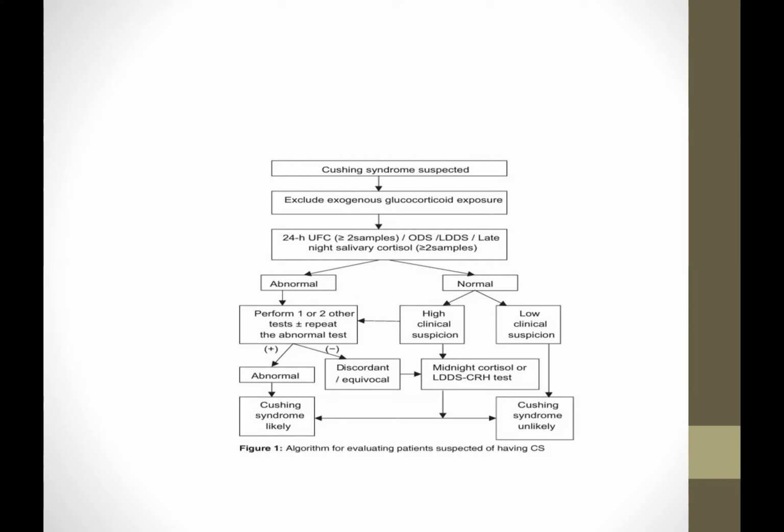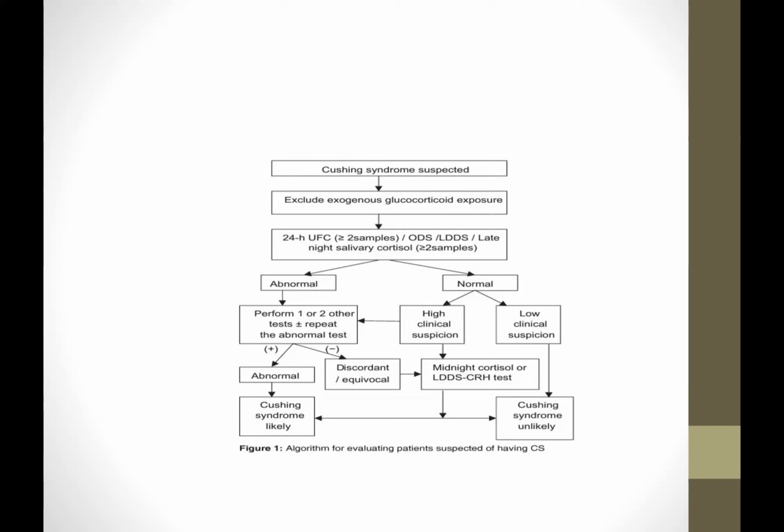Then you do 24-hour urine UFC, 2 samples always you have to do, or you do a late night salivary cortisol, also 2 samples, or you can do the second level of test, ODS or LDDS. My preference is to do 24-hour UFC or late night salivary cortisol as the primary test, and it is a very simple test.